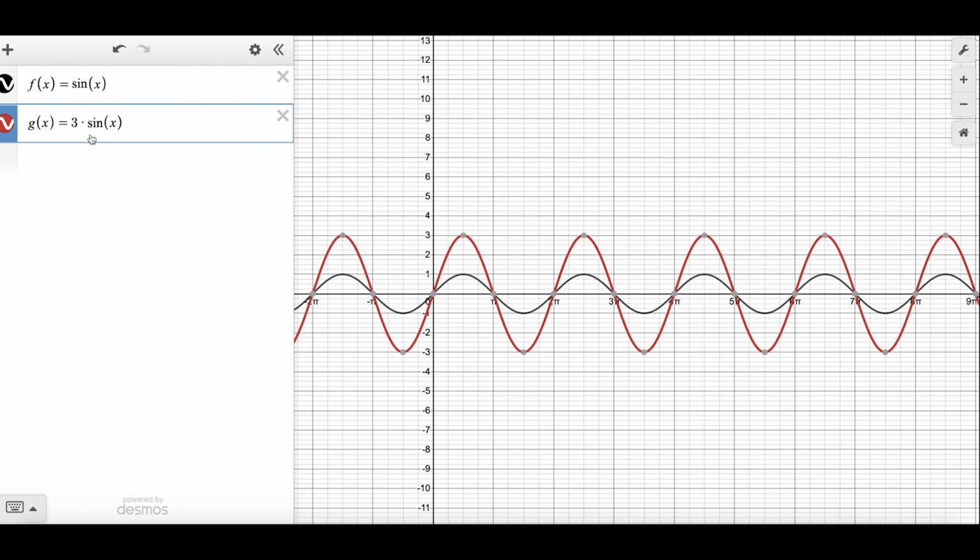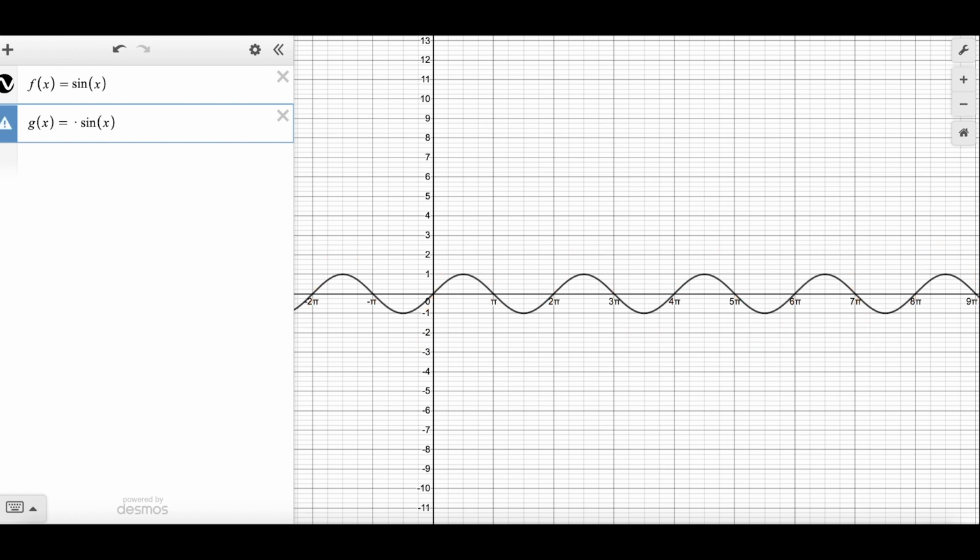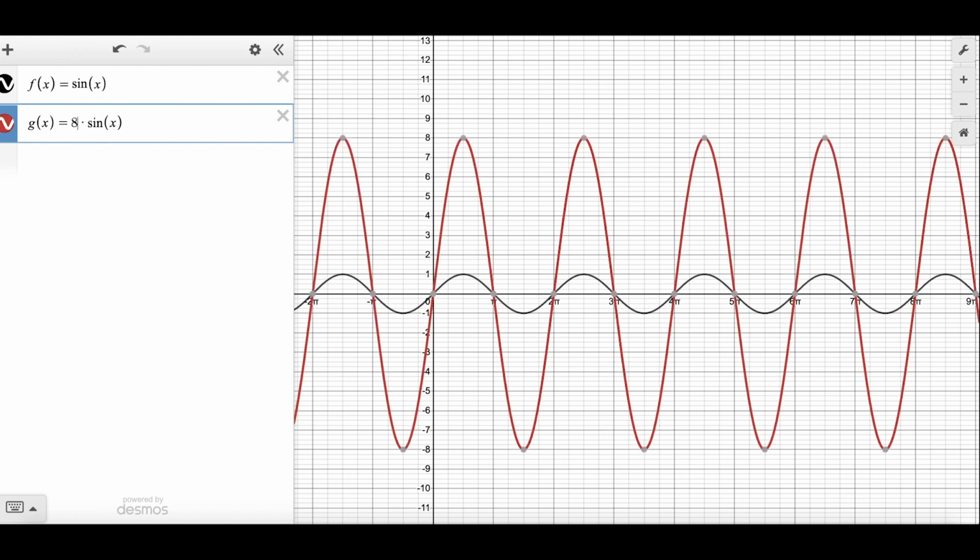Let's see what happens if we multiply by something larger than 3. Go ahead and make a prediction. What do you think is going to happen if I change that number to like an 8? If you think about the vocabulary that we were looking at, when we added and subtracted, that changed where the midline of the sine wave was. So try to think about, what does this number change about the sine wave?